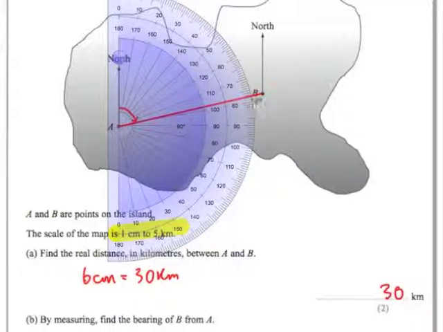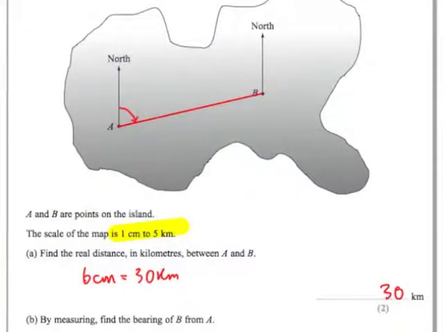Don't go putting 78.5 or 77.5, it's just to the nearest degree, 78 degrees. Okay, so I make that to be 78 degrees.